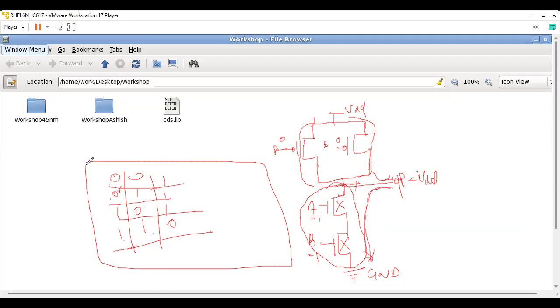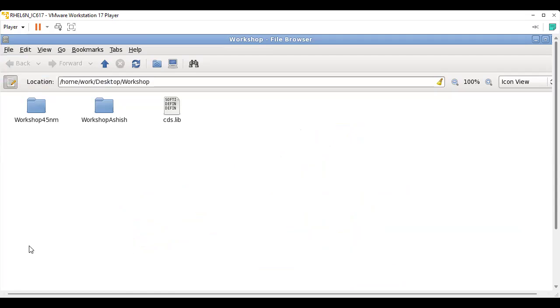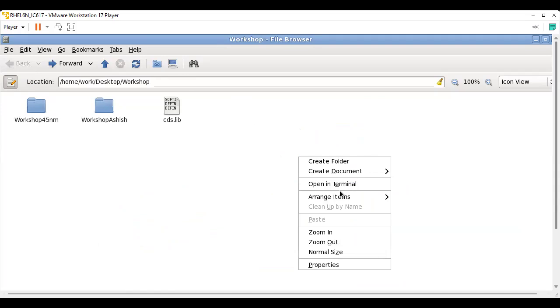Anyone who has a doubt about how this works? If there is no doubt, we can move directly towards the simulations. I have created this circuit. Let me show this to you.